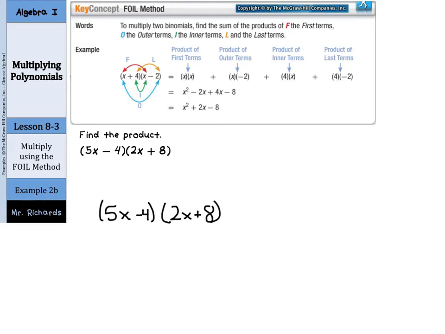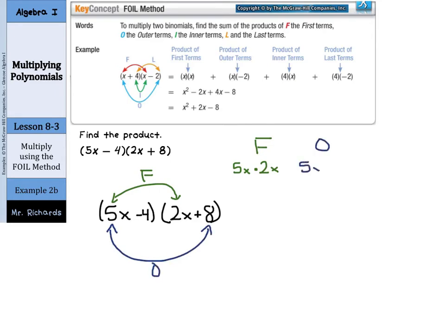So we're going to multiply the first terms by each other, so our 5x and our 2x. So we'll have 5x times 2x for our first, and then we'll have the outer, which is 5x times 8. So our outer is 5x times 8.